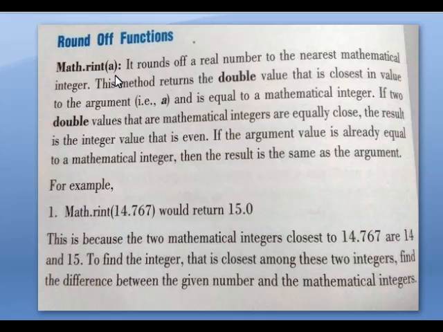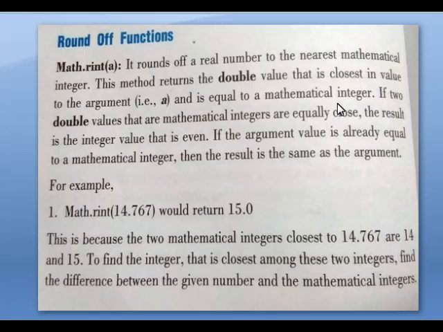If it is equal to 5 or greater than 5, it will round the value to the next nearest value. So it rounds off a real number to the nearest mathematical integer. This method returns a double value that is closest in value to the argument. Argument means the value inside the brackets, and is equal to a mathematical integer.